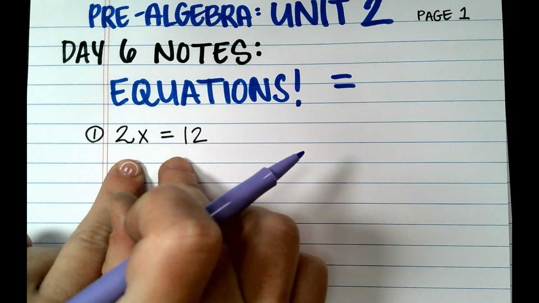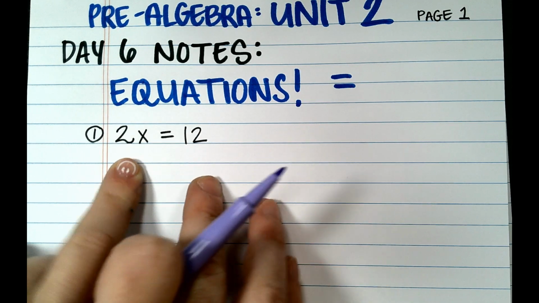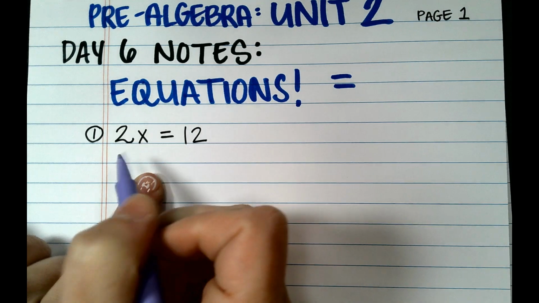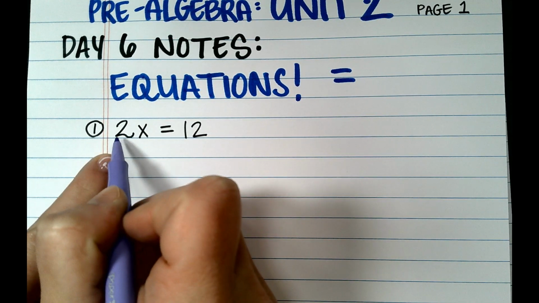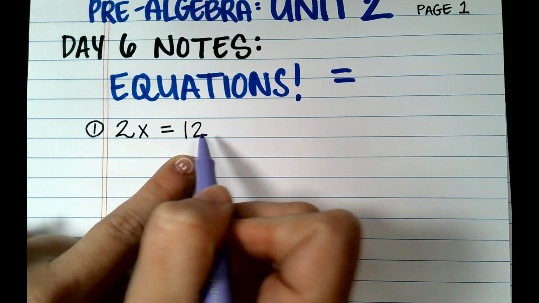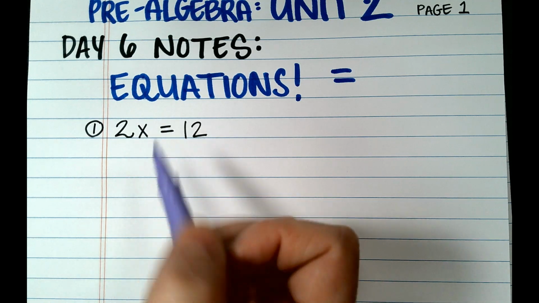So it gets a little trickier when we don't know it off the top of our head, especially when we get into bigger numbers. So we're going to make sure that we practice the proper technique for solving an equation. What we really did is I saw that 2 times x equals 12. So to get x by itself, that's our goal.